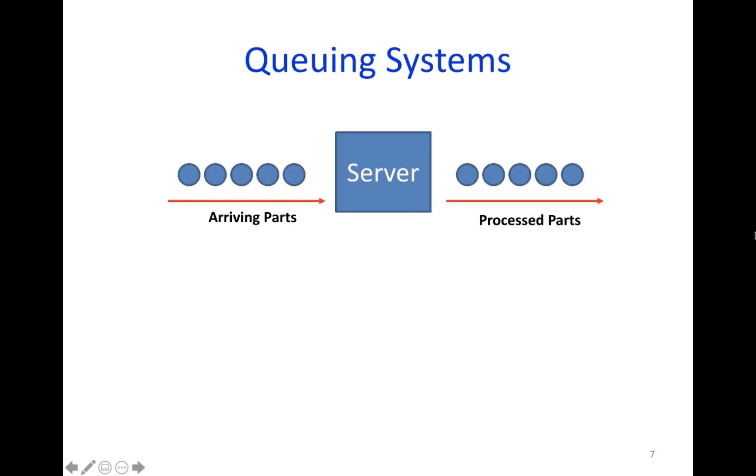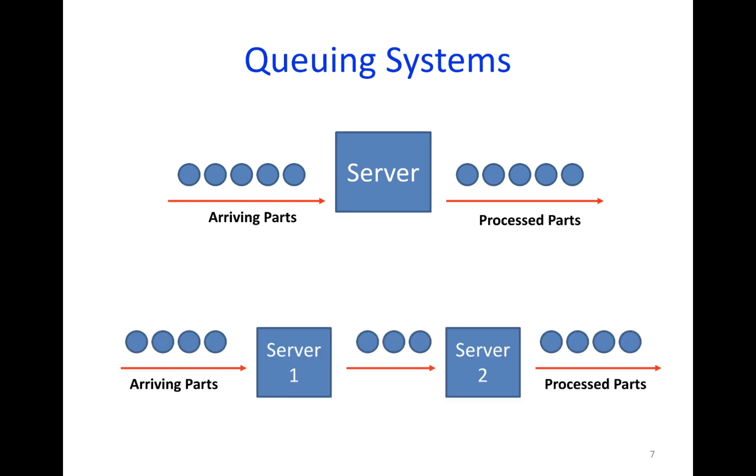Okay, just one more time, this is a good representation of queuing systems. There are, for example, arriving parts that arrive to the system. They are processed at the server, and then they leave the system. This is just a schematic representation of the whole thing. Or this is another representation.